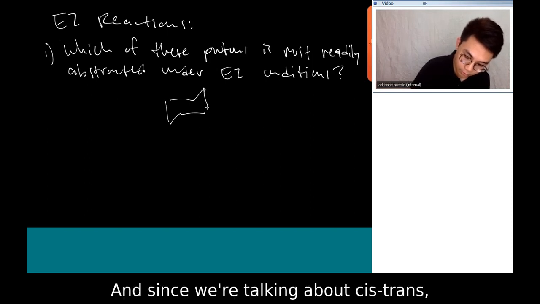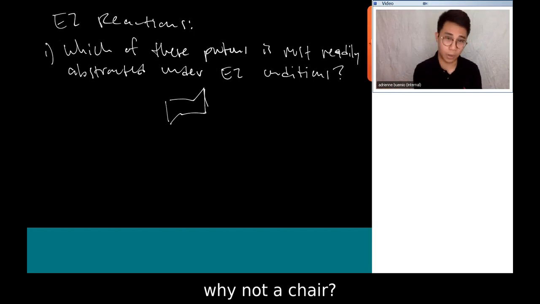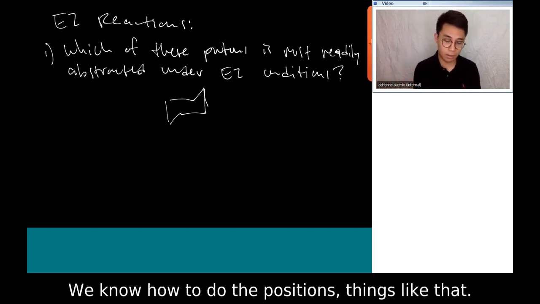And since we were talking about cis, trans, periplanar, we're talking about what else? Trans-diaxial, why not a chair? We know what a chair is, we know how to do the positions, things like that.